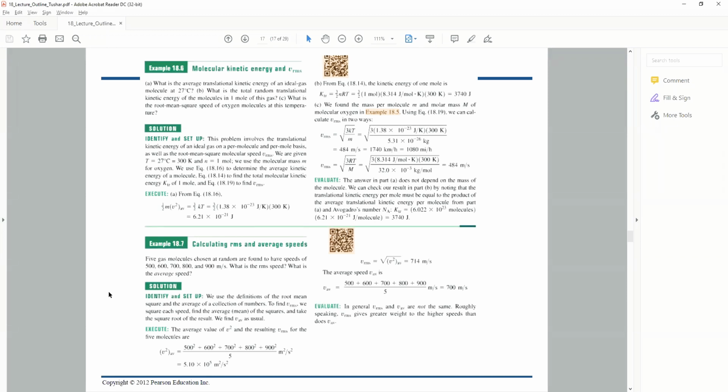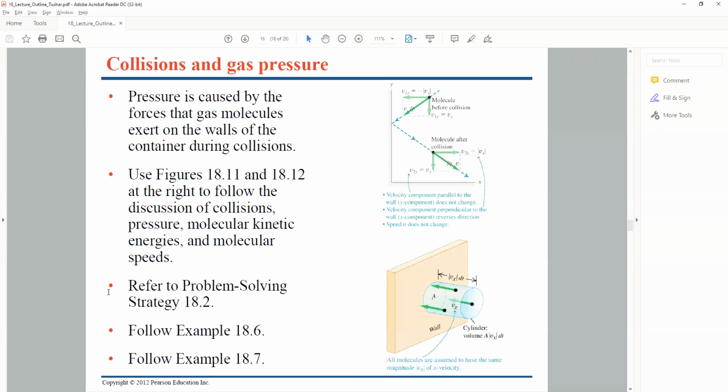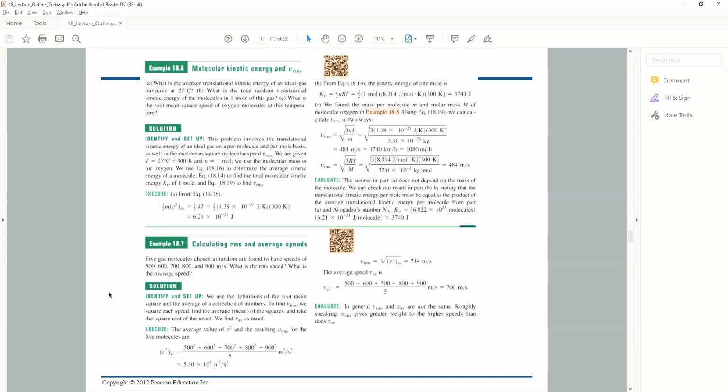So for the translational kinetic energy, use the value in equation 18.16, that is 1/2 mv squared, which is the average. Here you have the temperature.